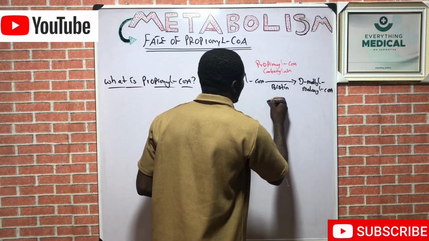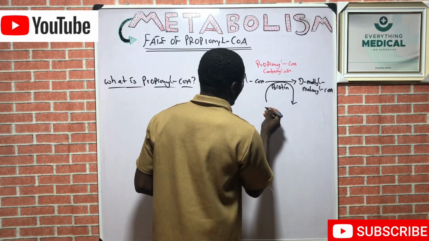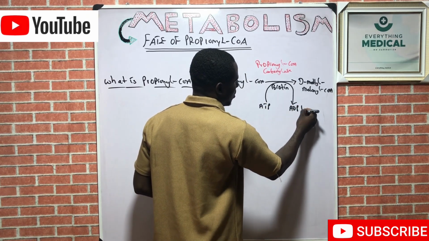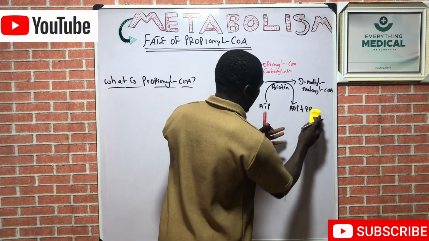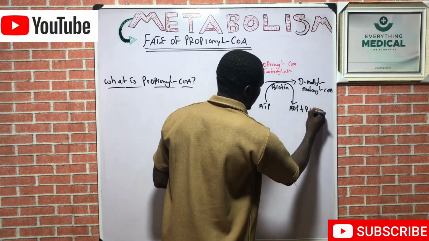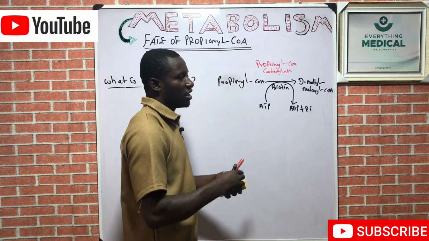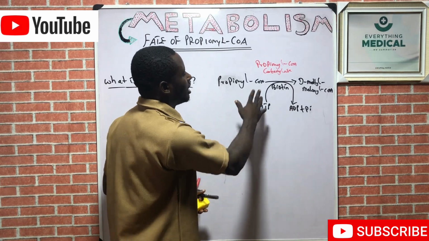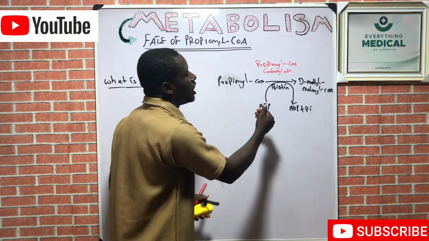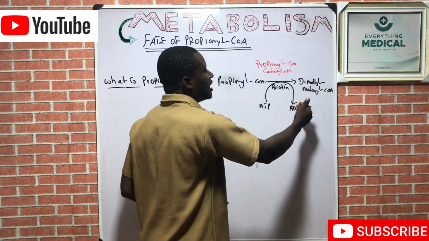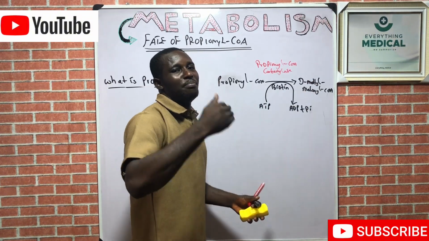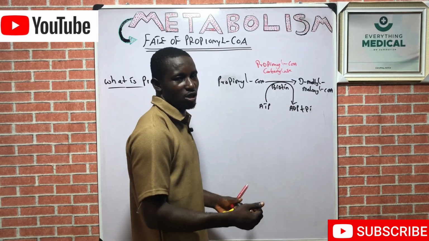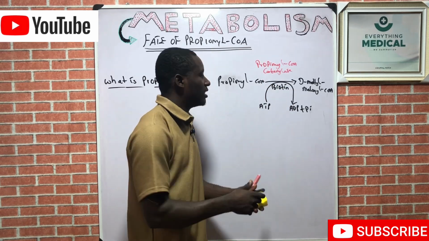The ATP will form ADP plus Pi, not PPi, where Pi is inorganic phosphate. So this is how step 1 goes. This propionyl-CoA is being what? Carboxylated to D-methyl-malonyl-CoA by the presence of an enzyme called propionyl-CoA carboxylase, which is a biotin-dependent enzyme.